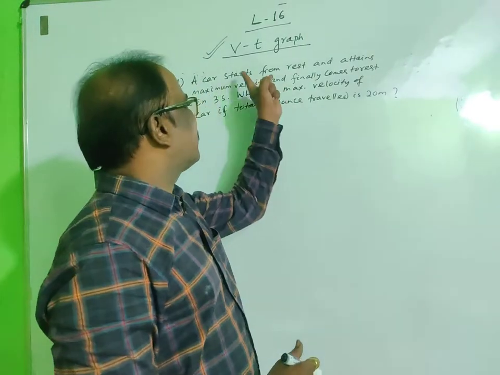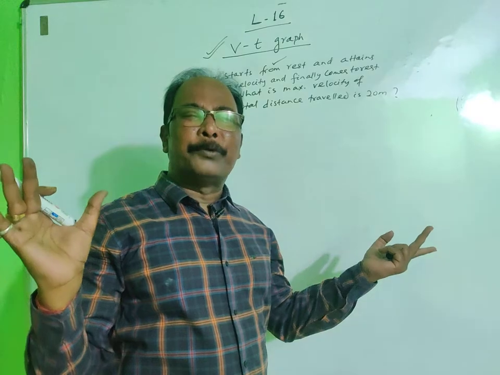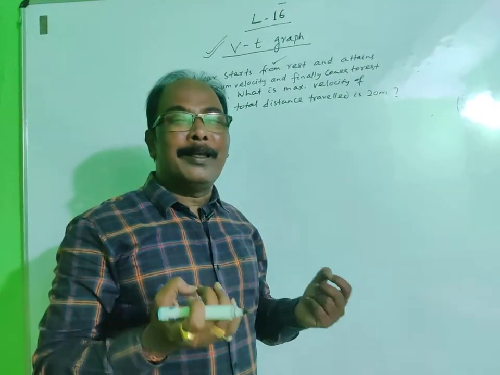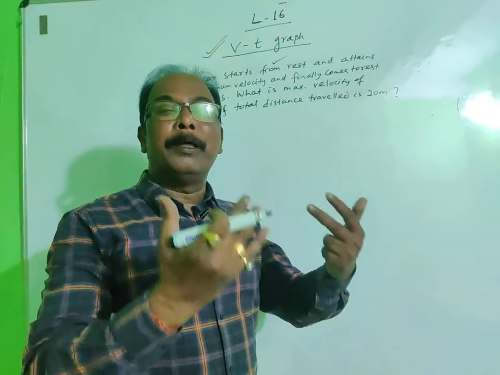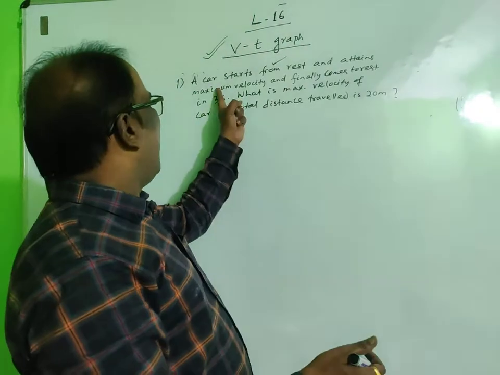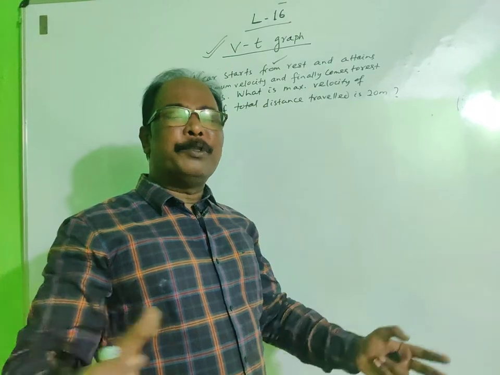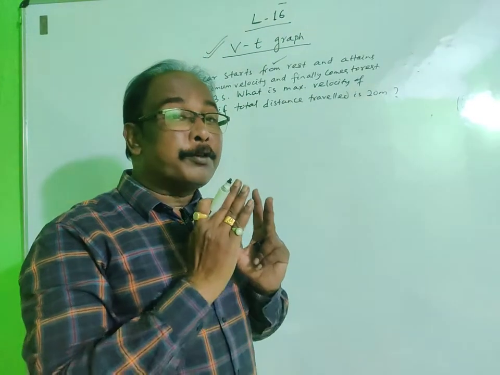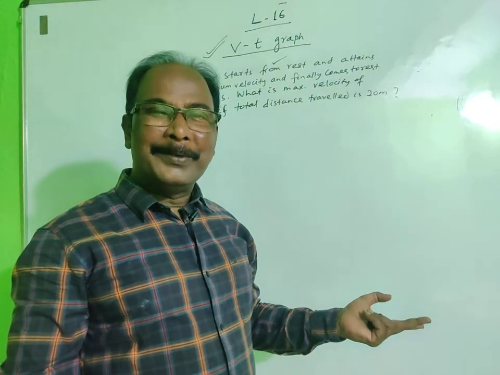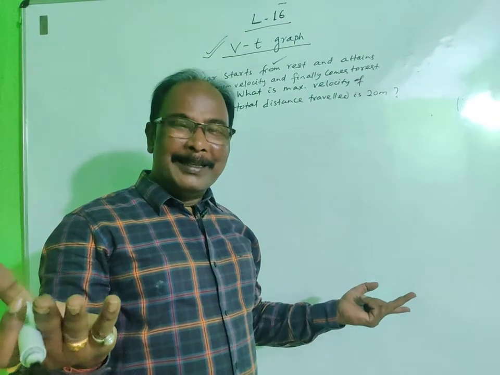The car starts from rest and attains maximum velocity, which means first the car moves with acceleration, and the magnitude of velocity increases from 0 to maximum. Finally it comes to rest, so first the motion is accelerated, then the motion is retarded. Velocity increases, then decreases.